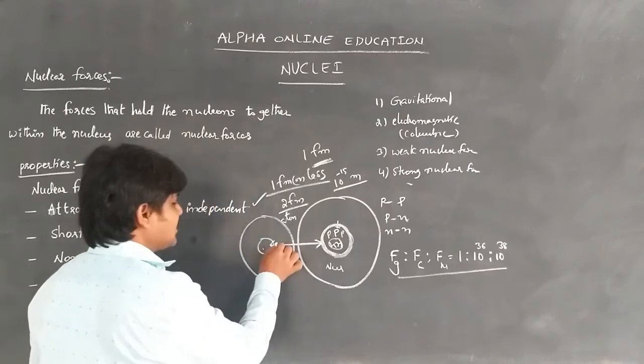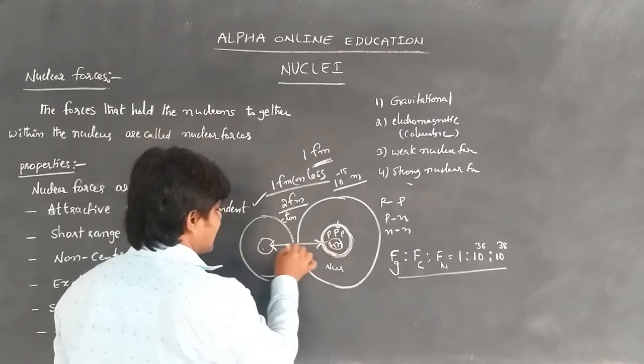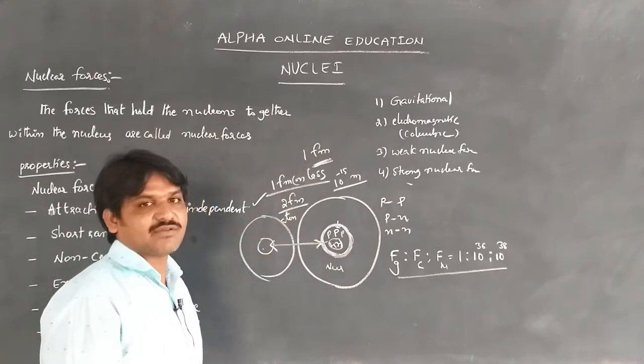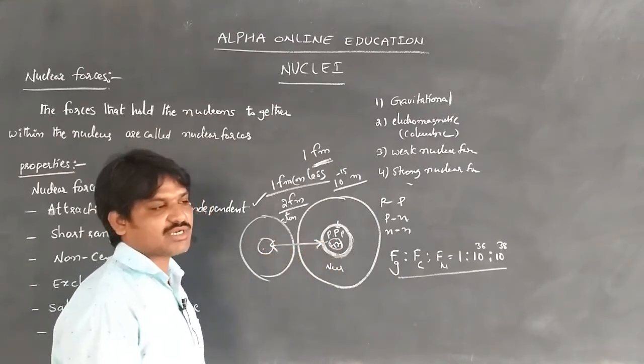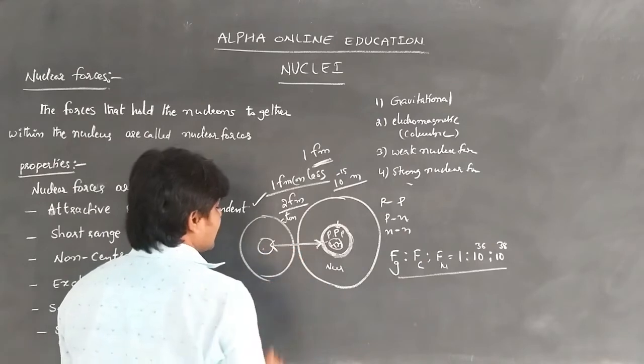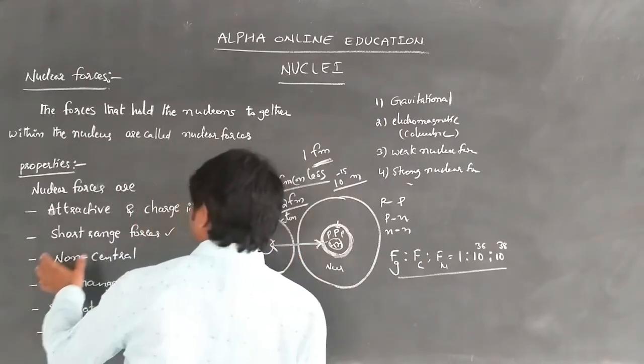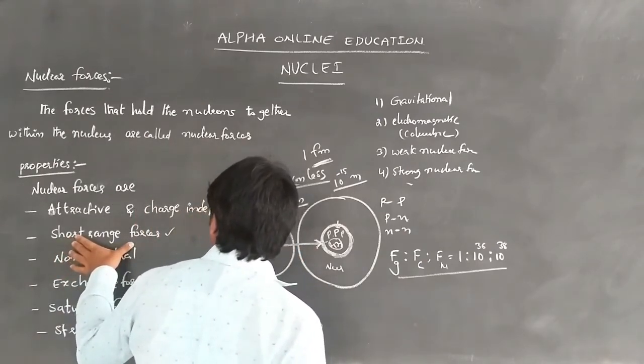That is a short range force. If the distance is less, the attraction happens rapidly, and the nucleons get bonded together in a short range. So we can say that nuclear forces are short range forces.